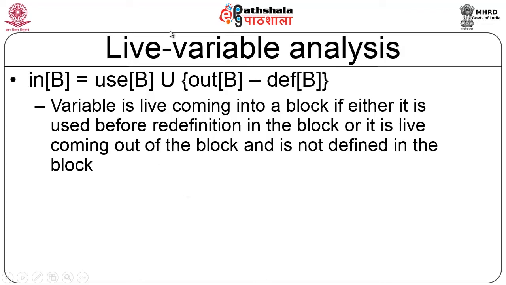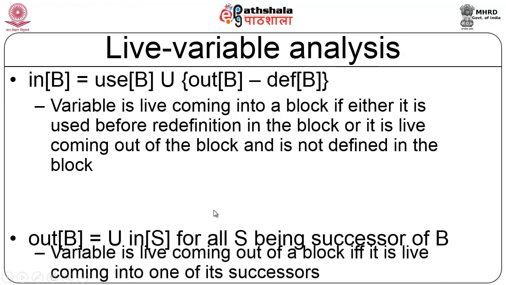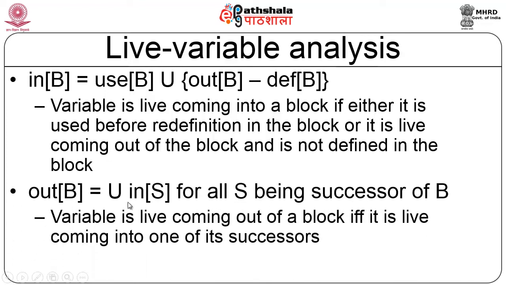Okay, that is your in of B. If it is not defined in the block and it is live coming out of the block, this is what we call it, and use is when it is being used before redefinition in this particular block itself. And out of B will be the union of in of S, for all S being successors of B. So union of in of S for S being a successor of B, that is going to be your out of B.